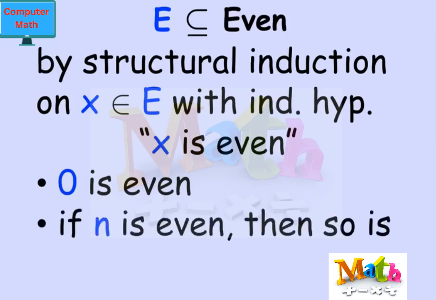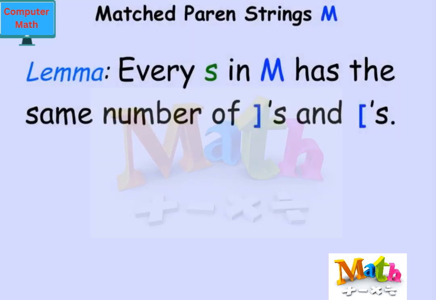And then we need to show that assuming the structural induction hypothesis that n is even, then when we apply the constructor n plus 2, it's even. Well, obviously it is. Or if we apply the constructor minus n, that's also even. And it is as well. And that's why structural induction tells us that, in fact, every string in the set E is even.